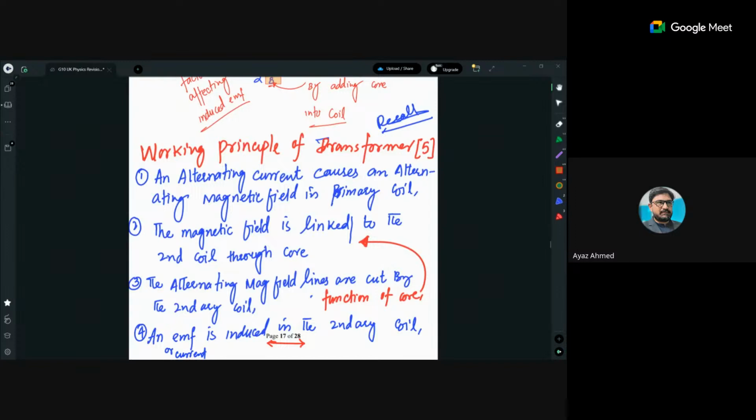And when this variable magnetic field is linked to the secondary coil by the core, the field lines are cut. Second stage, what happens? The magnetic field produced is transferred to the secondary coil by the core, and the core links it to the secondary coil, and the secondary coil causes the cutting of the magnetic field. What does the secondary coil do? It cuts the magnetic field. When magnetic field lines are cut, EMF is induced in the secondary coil, and that is your output voltage. Okay?